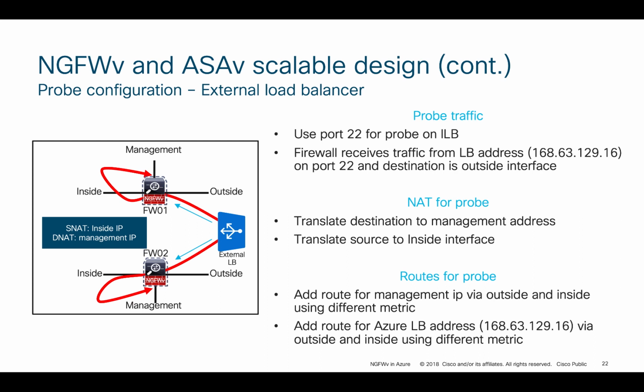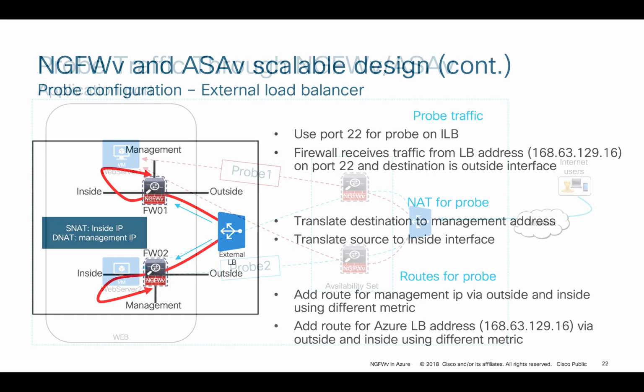We are using different metrics in the route table so that we can pick the right interface. I'll talk about that when I show you the end-to-end demo, including the NAT, access control policy and route configuration.